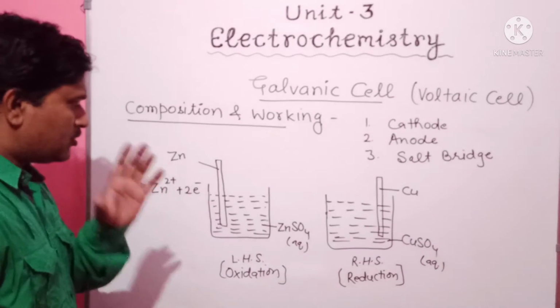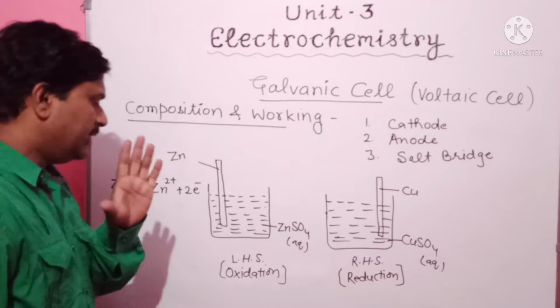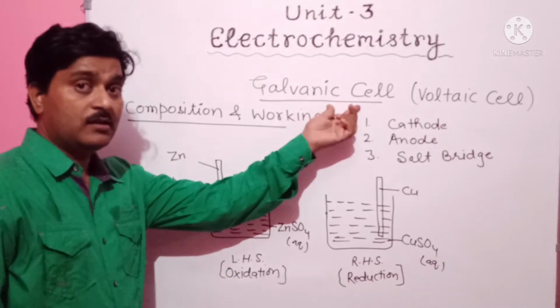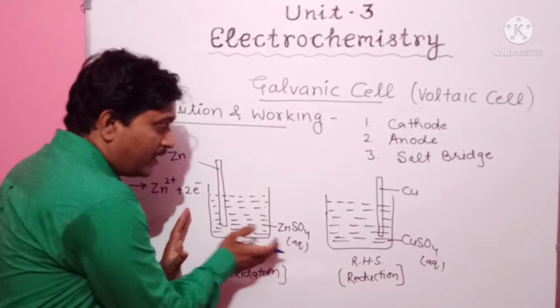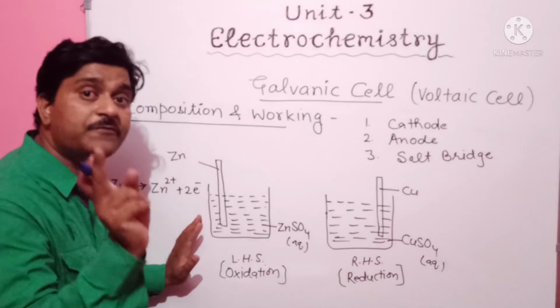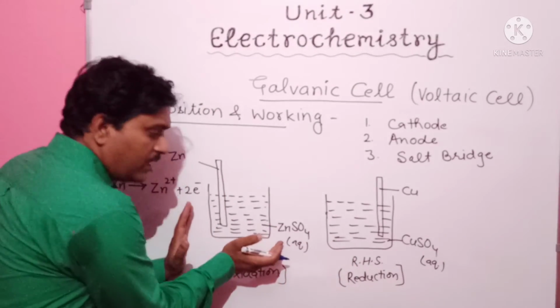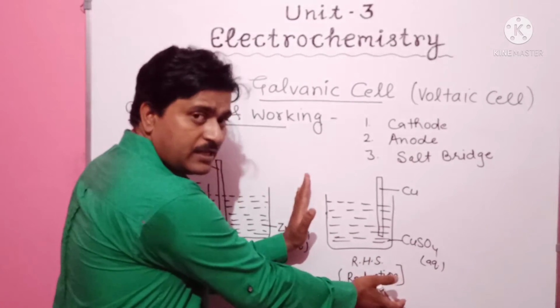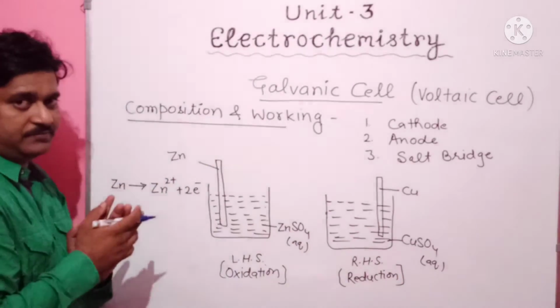So we have here two parts of one cell. Each part is said to be a half cell. That is the half cell where oxidation occurs, and that is the other half cell where reduction occurs.